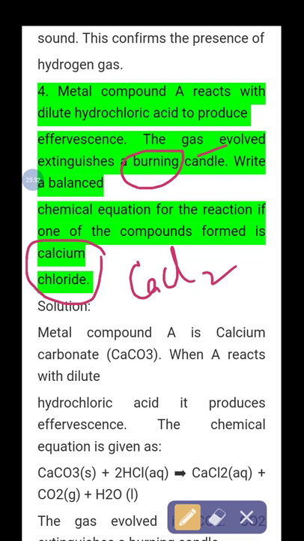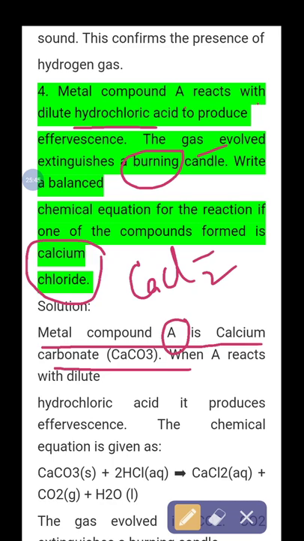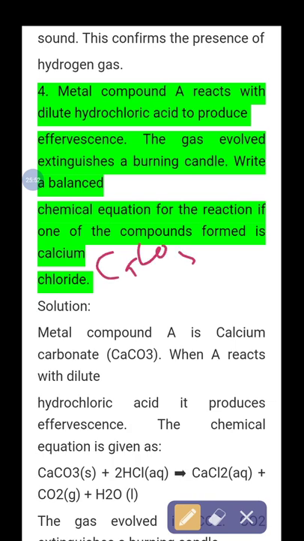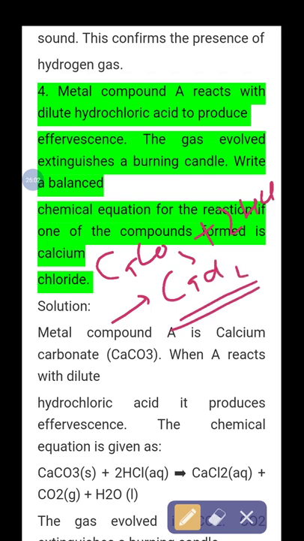So it is clear that the metal compound A is calcium carbonate, because when CaCO3 reacts with dilute HCl, it forms CaCl2, calcium chloride, plus carbon dioxide plus water.